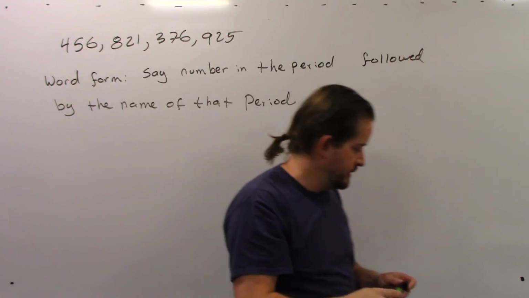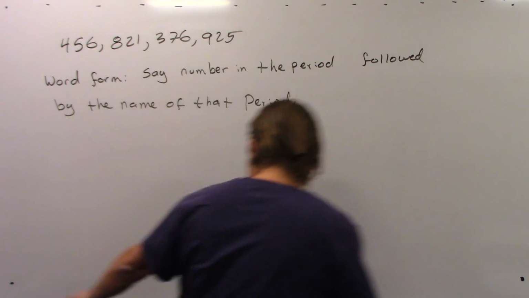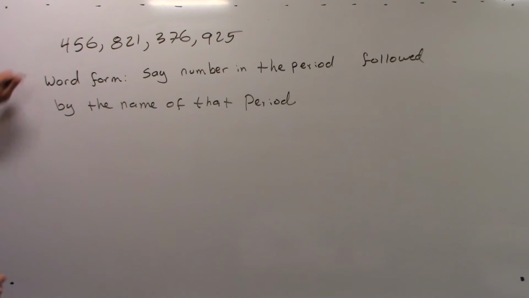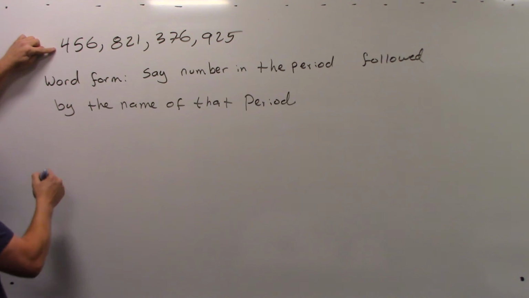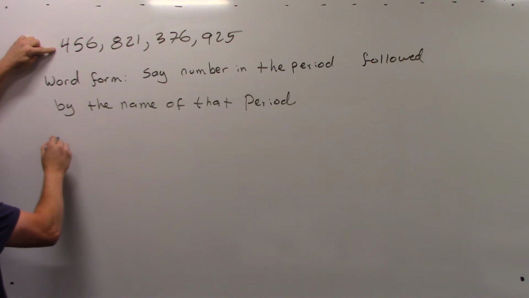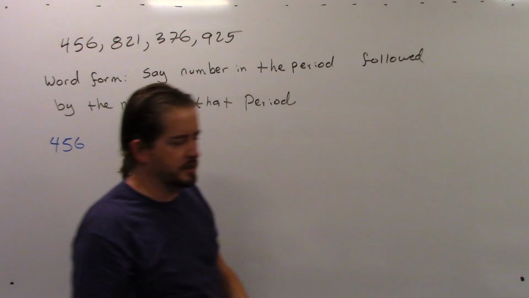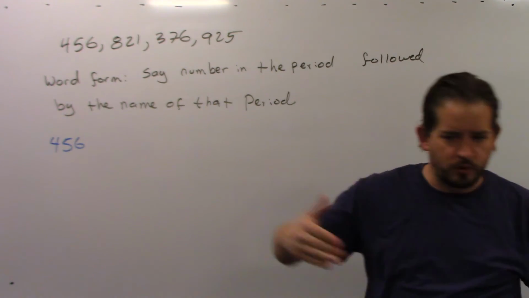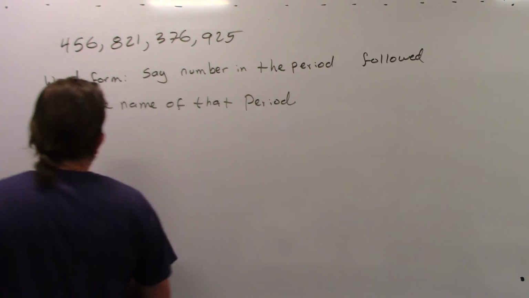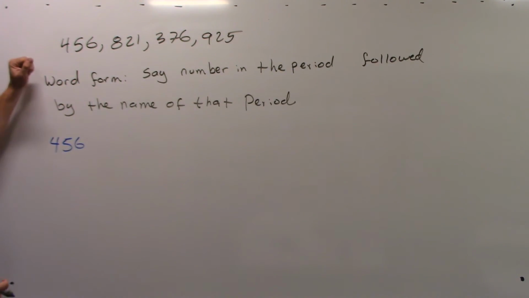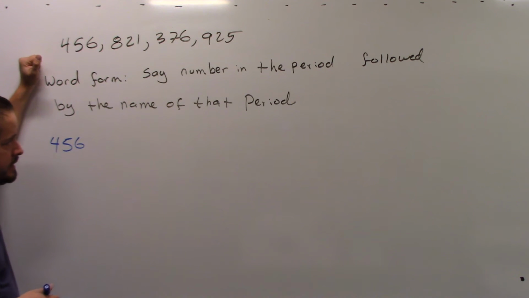So for example, this number that we have written up here, I would say as 456, right? And when I'm writing these, sometimes I will write out 456. Most of the time I don't. That's mostly because I just kind of get lazy about the way that I write these.